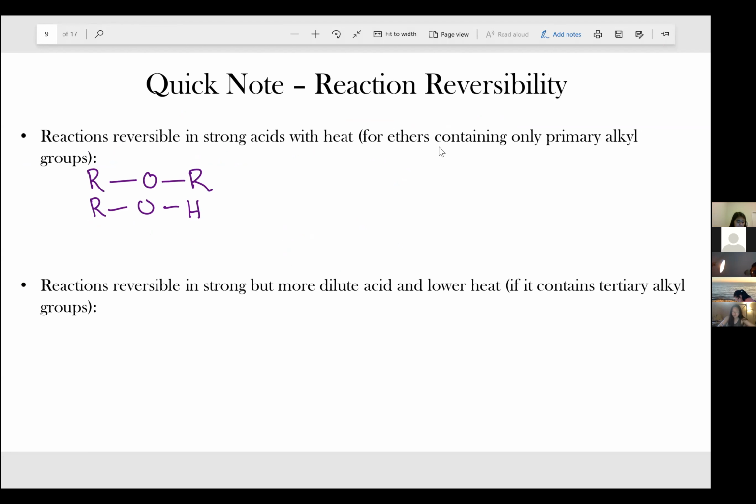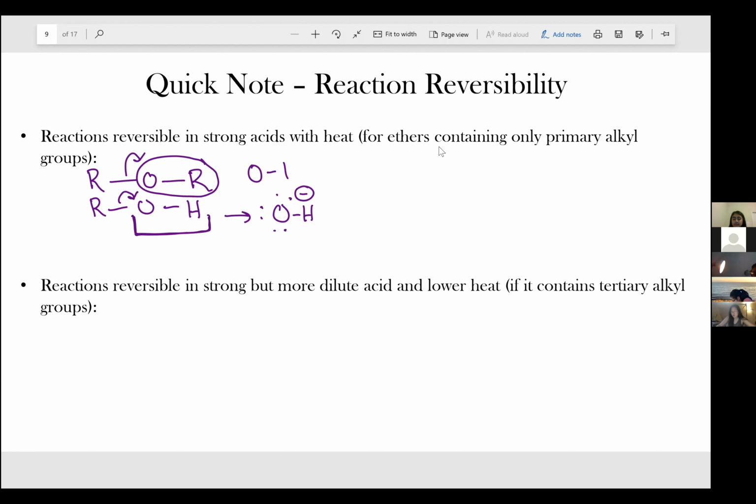So there's no way we can just separate this by doing some sort of substitution reaction. And why is that? The reason is that, similar to OH, when we do any kind of substitution reaction and try to kick out that OH, we're going to get a very strong base. And we know that the best leaving groups are weak bases. We can do the same thing up here with an ether.